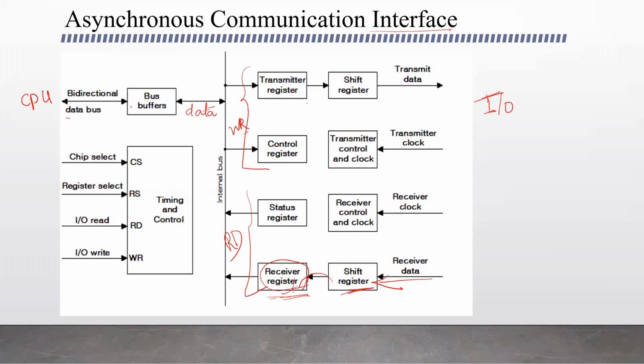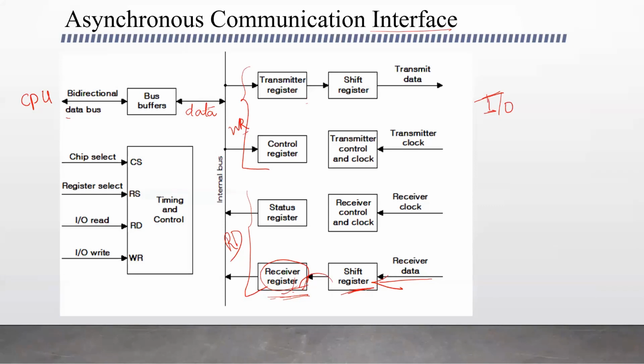The operation is done as follows: when the CPU has data to send, it first places the control word, then it checks the status register to see if the transmitter register is empty. If it finds it empty, it transmits the data through the data bus to the transmitter register, and it is then shifted serially to the shift register, adding start and stop bits.